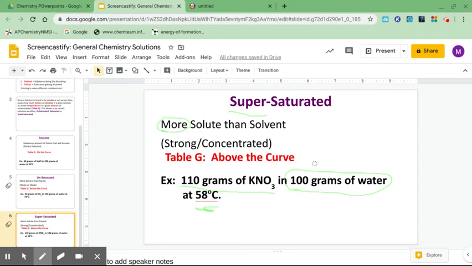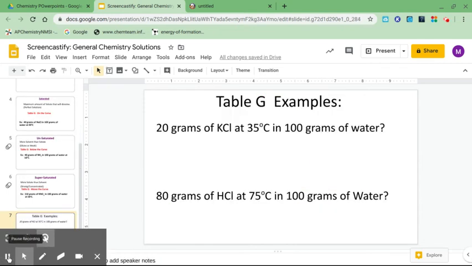So we need to practice these problems to see exactly what's going to take place. So here are our two examples. Again, we notice it's table G examples, and we see that it says 20 grams of KCl at 35 degrees Celsius and 100 grams of water.